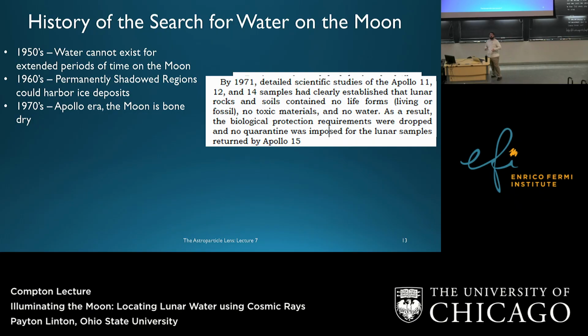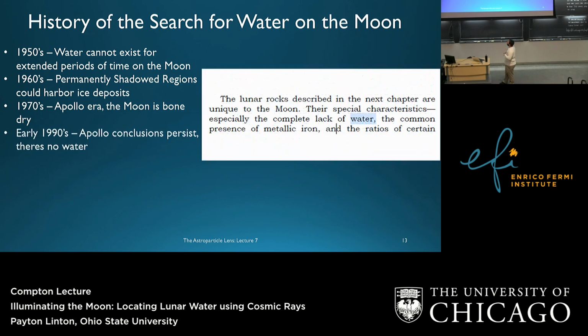Unfortunately, all analysis of the Apollo samples found that there was no water on the moon. And this isn't to say that they found zero water molecules. In fact, what happened was any water molecules they may have found, they couldn't be confident that what they saw wasn't a contamination from bringing them back to Earth, right? And so the conclusion was there's likely not water, right? Because there's just not enough to even tell behind our background.